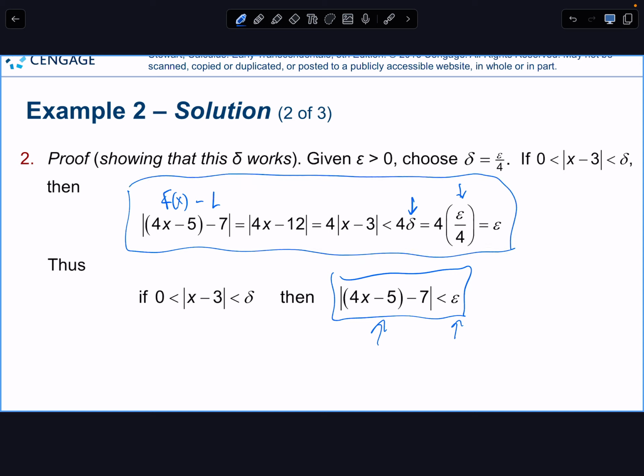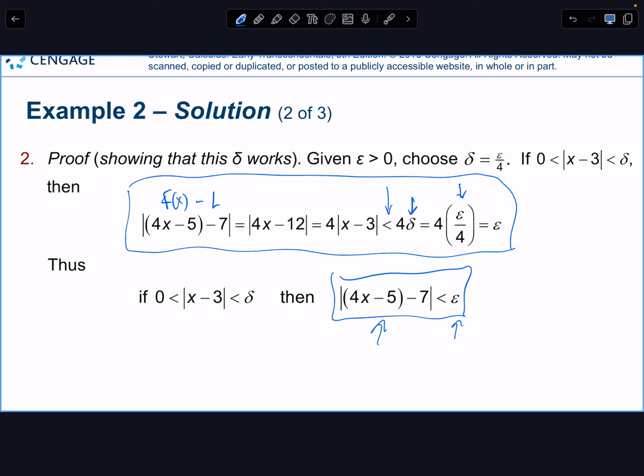How we started with f of x minus L, and we ended with epsilon, but we had this inequality sign along the way. So we're basically saying this right here, as what we get when we start out, f of x minus L is less than epsilon. That's what we're trying to prove.